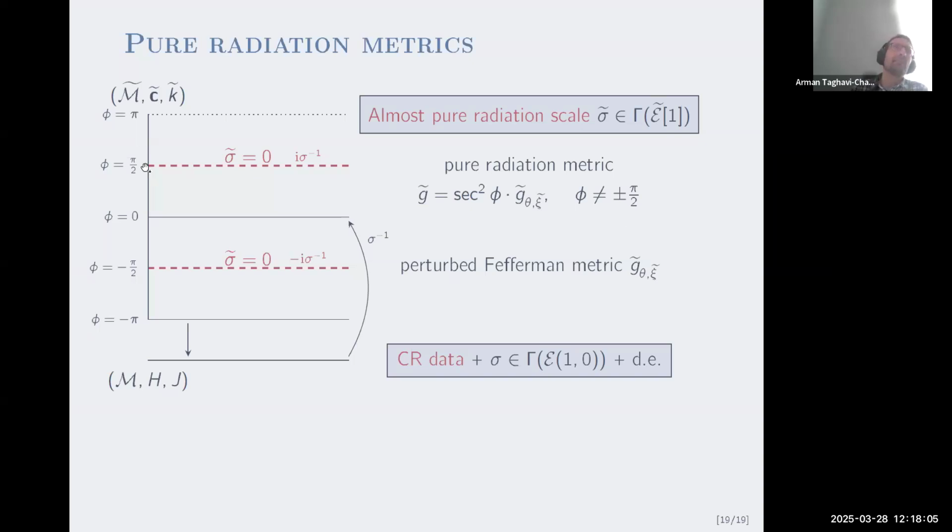And the pure radiation metrics are defined on hypersurfaces of this space-time, which you think of as conformal infinities, and you interpret them as cross-sections of the Fefferman bundle.